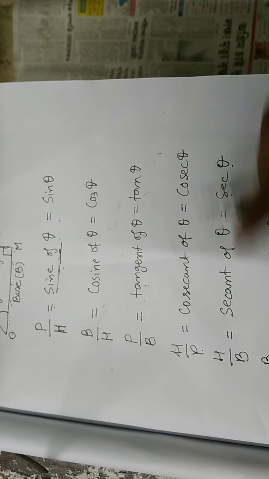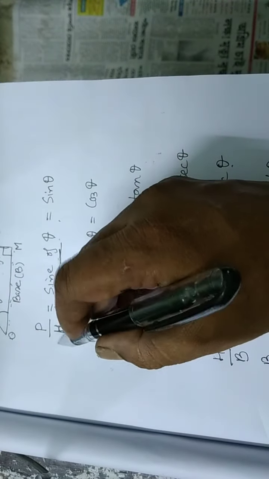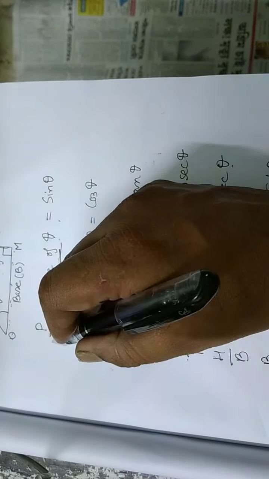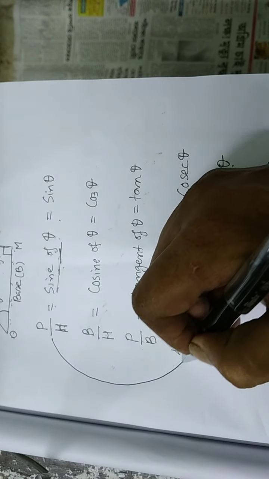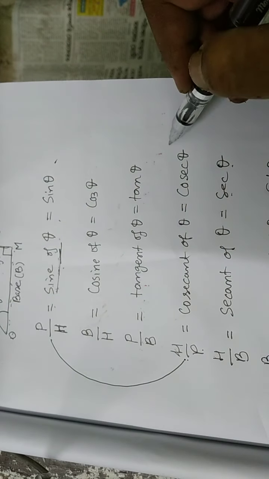Now there you have P by H and H by P. These are reciprocal to each other. So sin theta and cosec theta are related.